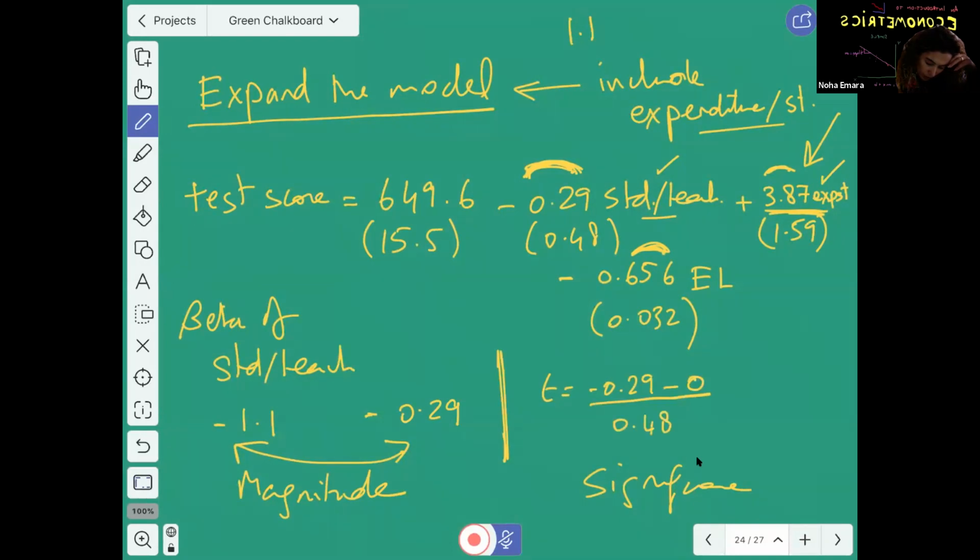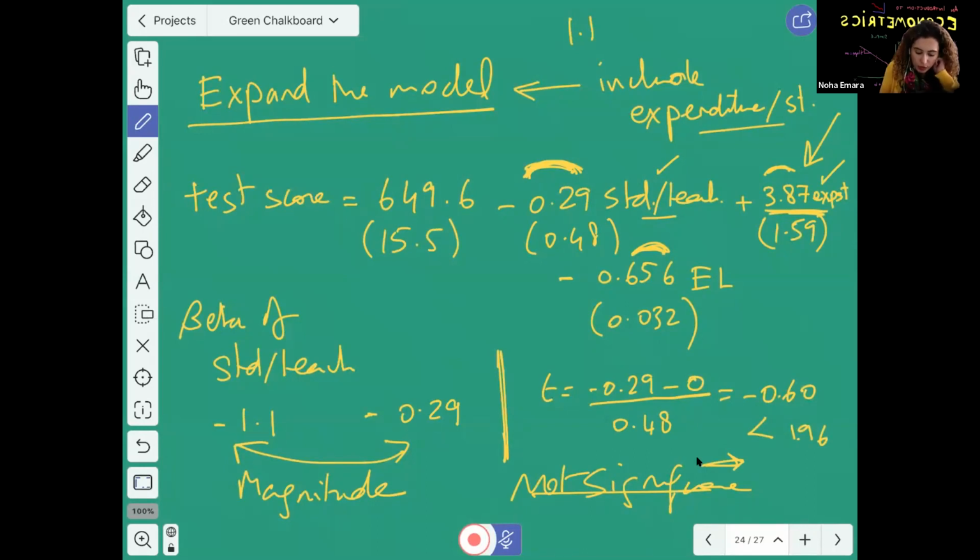Now it's negative 0.60. Now the 0.60 is less than the critical value of 1.96. So I can say it's not significant, because the t-statistic is telling me that the impact of student-teacher ratio, which used to be statistically significant, is not statistically significant anymore.